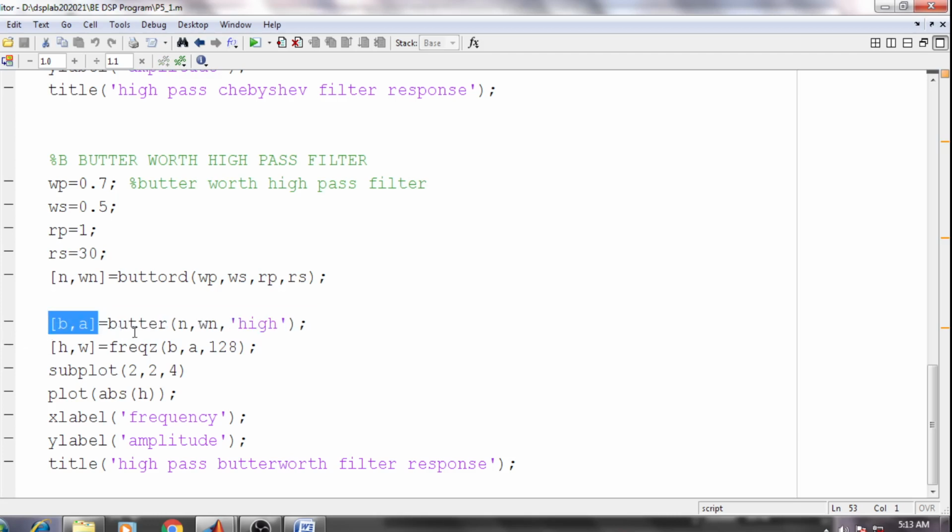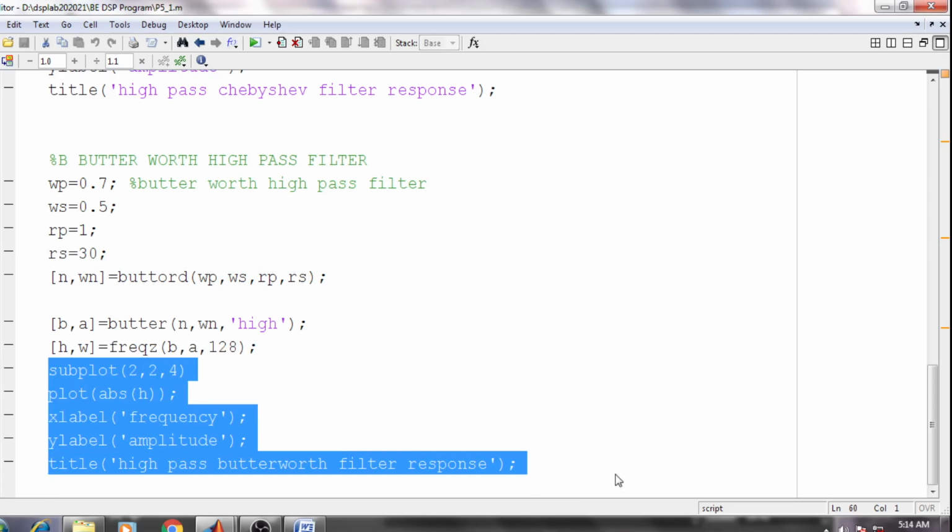Once you have these coefficients, with that frequency range we calculate the magnitude and phase response. For that, b and a are passed and you get the magnitude and phase values, that is h and w, and these values we utilize for plotting. Finally you get the plot. The plot function is used for plotting that magnitude plot.